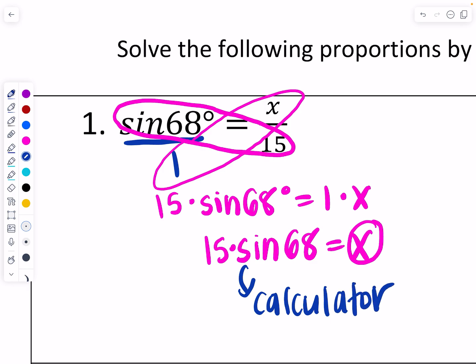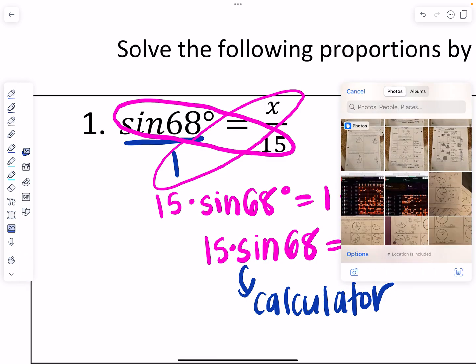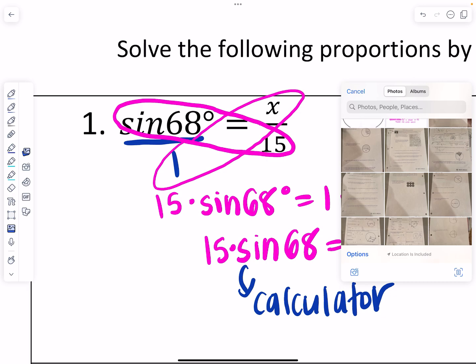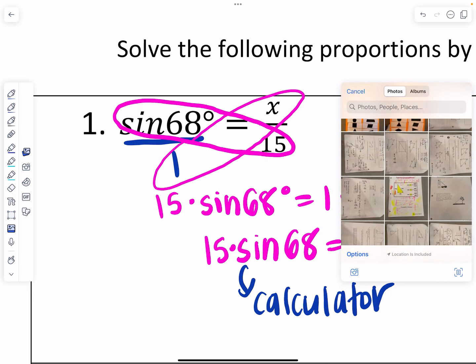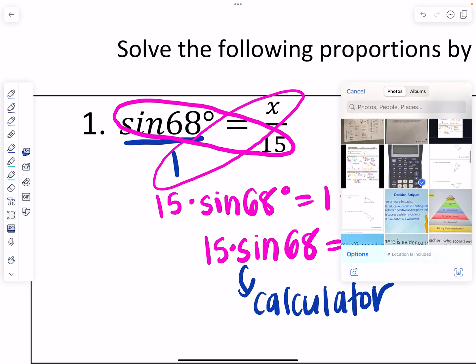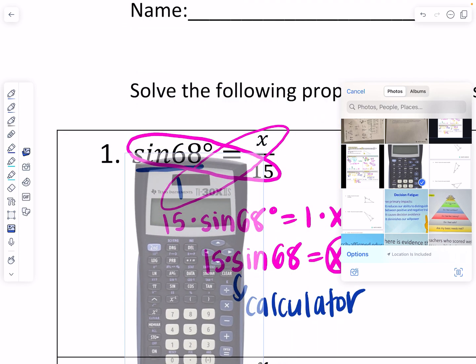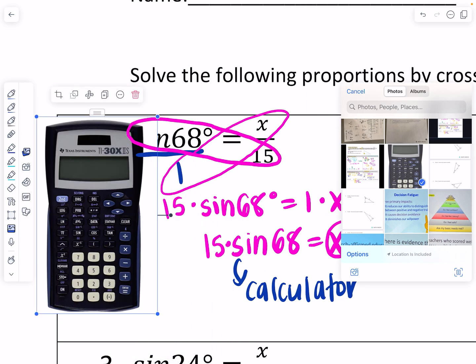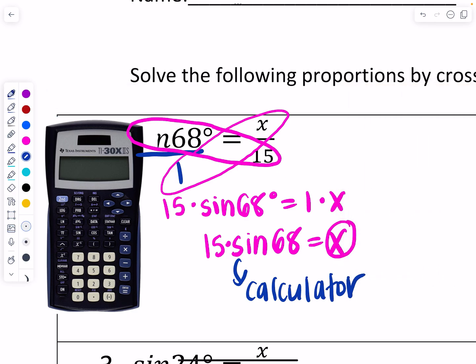Okay, so let's pull up a picture of a calculator. You can use your cell phones if you need to for this. And we're going to type in 15 times the sine of 68. You do 15 times the sine of 68, and then you click enter.